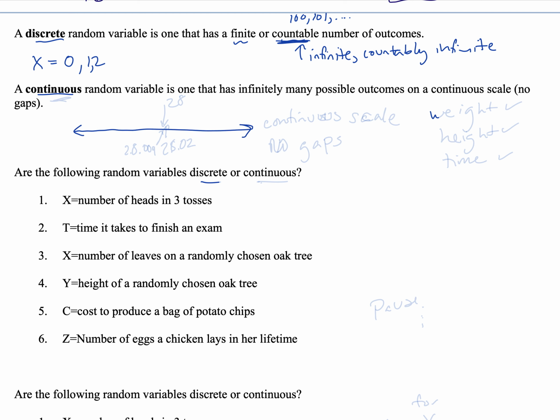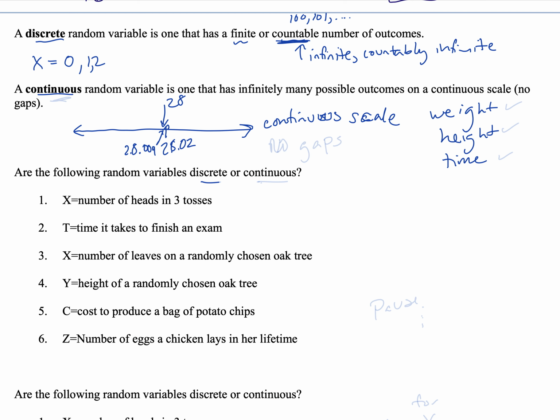So a continuous random variable is one that's on a continuous scale. A continuous scale would be, say, like weight or height or time. For any of those types of random variables, we could say, okay, did that tomato weigh 28 grams, or did it weigh 28.02 grams, or did it weigh 28.009 grams, or so on?